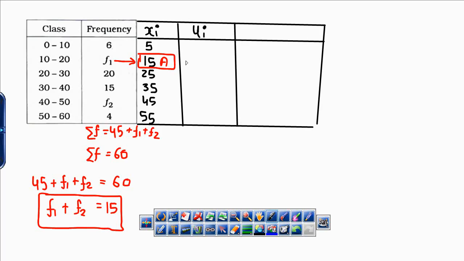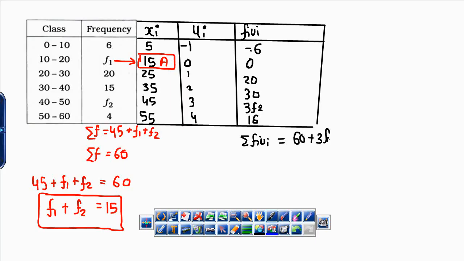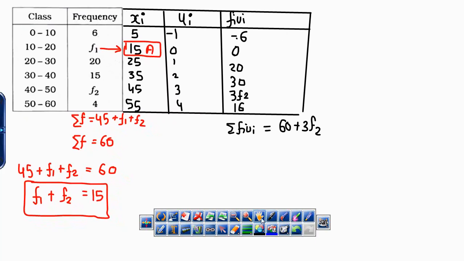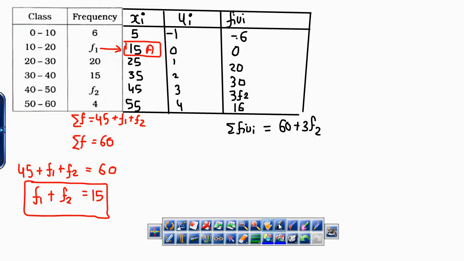ui, a के सामने 0, ऊपर माइनस, नीचे प्लस, एंड देन fiui. 6 into -1, f1 into 0, 20 1 is 20, 15 2 is 30, 3 f2, 4 4. Sum of fiui is 30 plus 20 is 50, 66 minus 6, 60 plus 3 f2. Now we will apply the formula of mean.